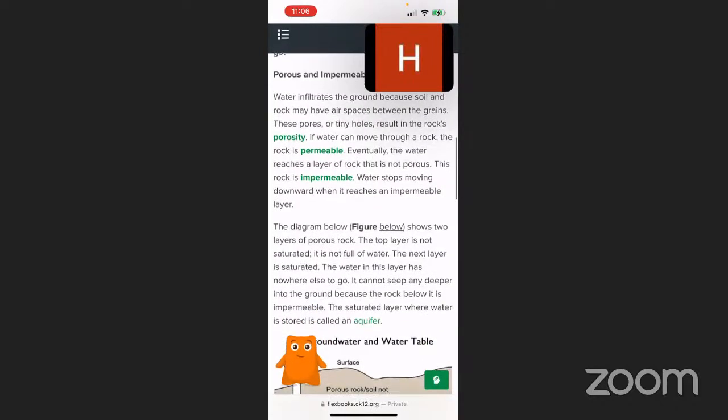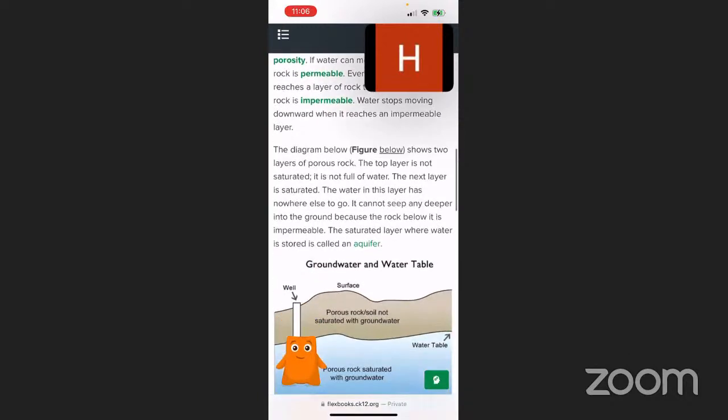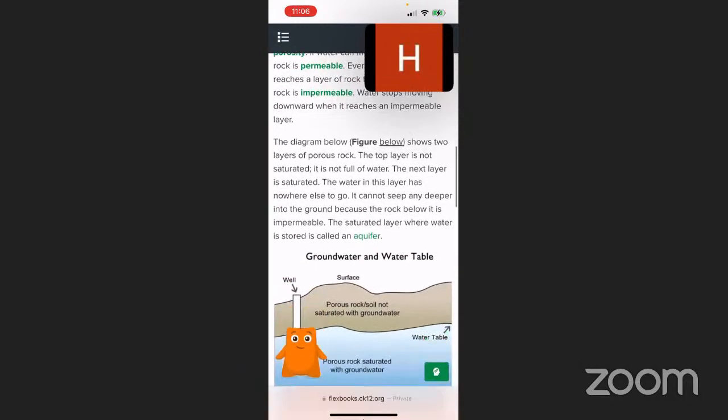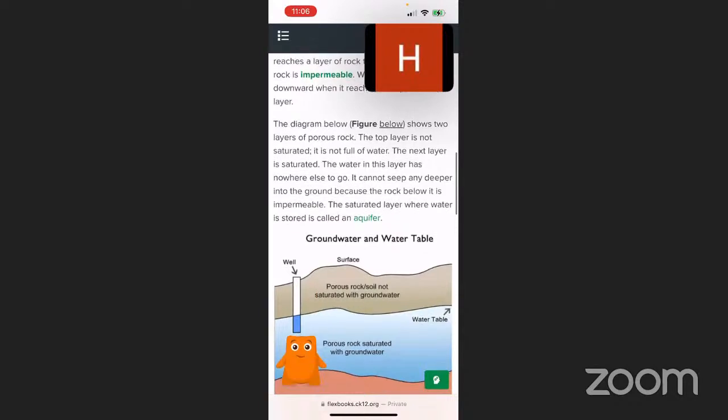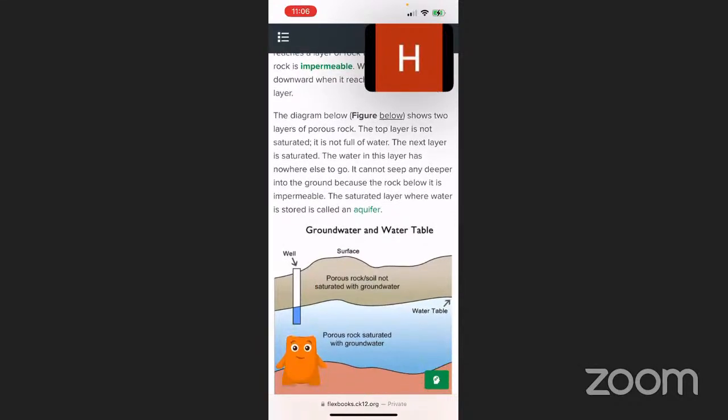Water stops moving downward when it reaches an impermeable layer. The diagram below shows two layers of porous rock. The top layer is not saturated, it is not full of water. The next layer is saturated. The water in this layer has nowhere else to go. It cannot seep any deeper into the ground because the rock below it is impermeable.